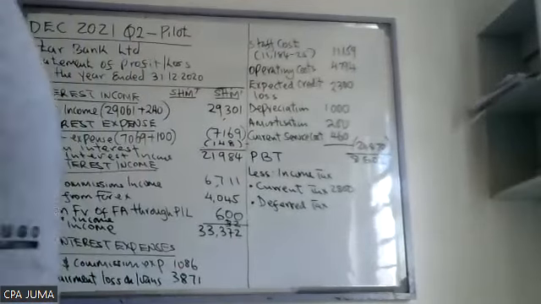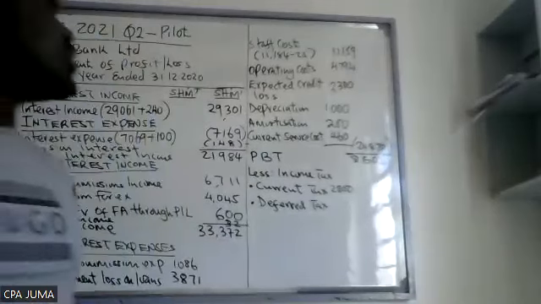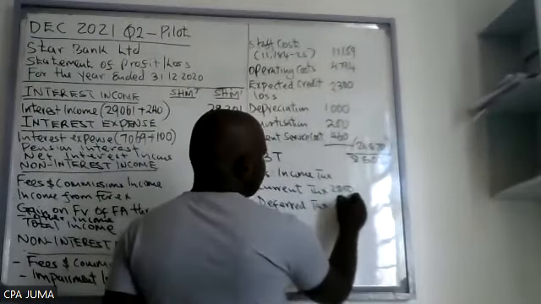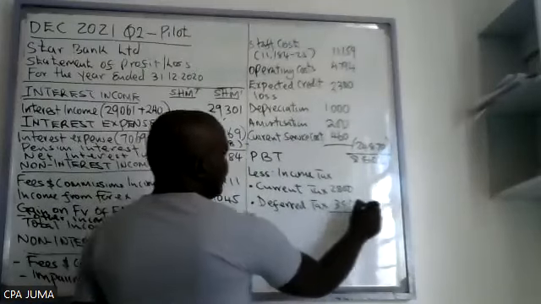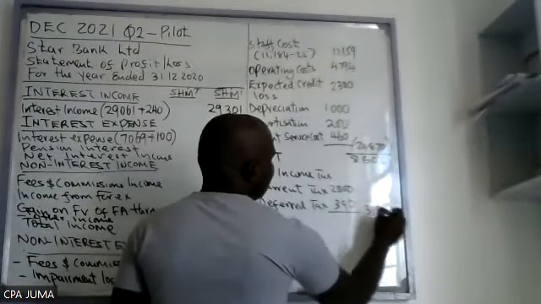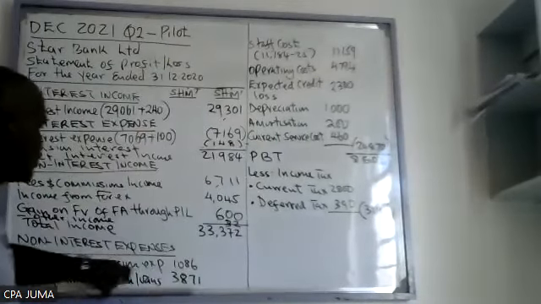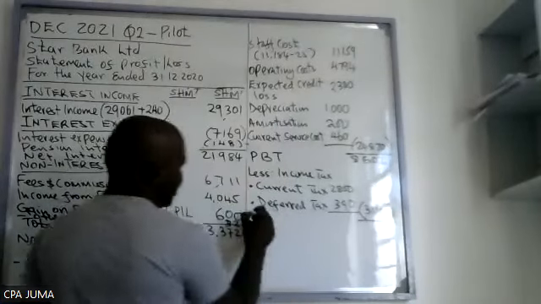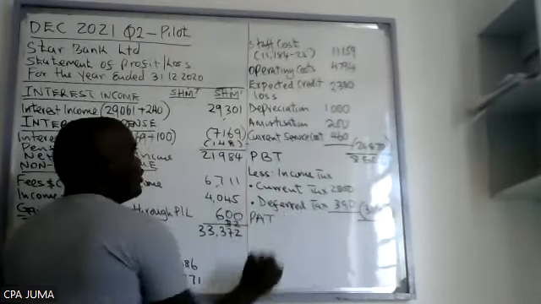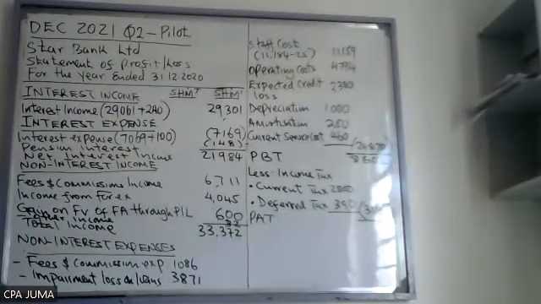How much was the increase in deferred tax? 390. So that will be 3,190. You less. Therefore, profit after tax, PAT, will be how much? 8,502 minus 3,190.